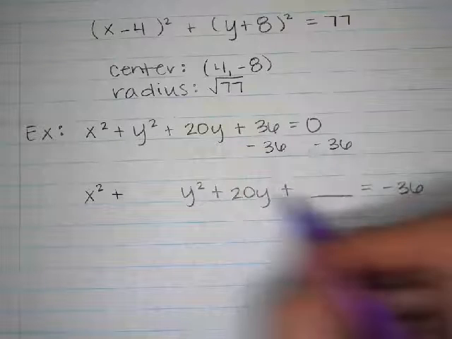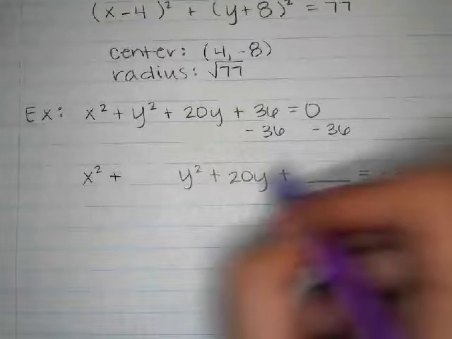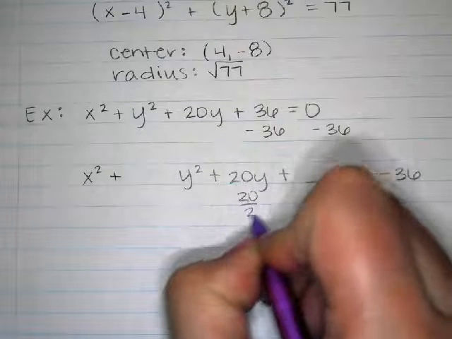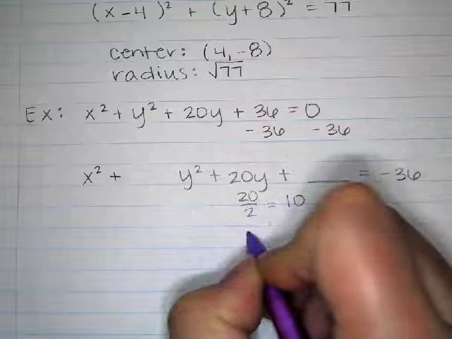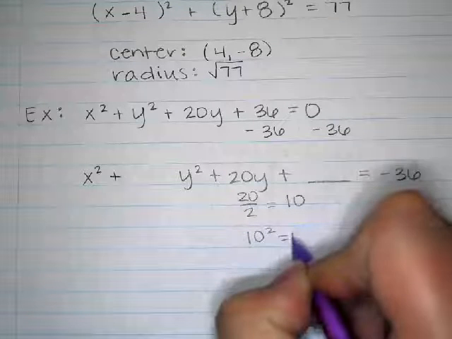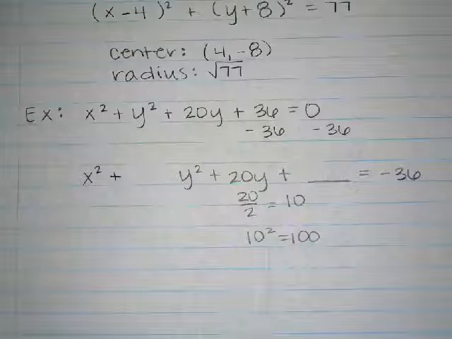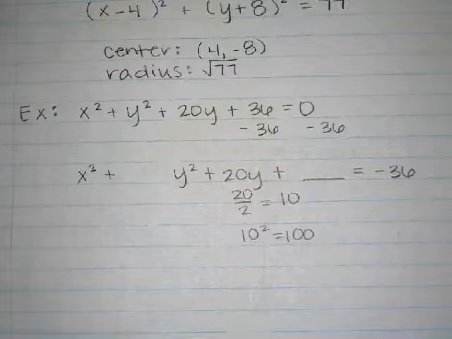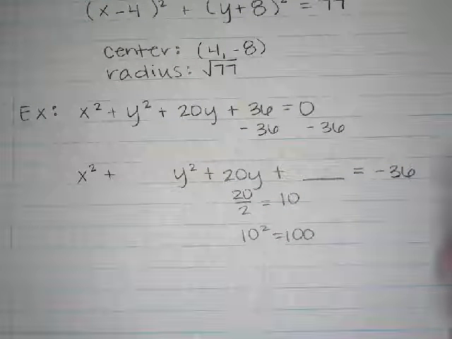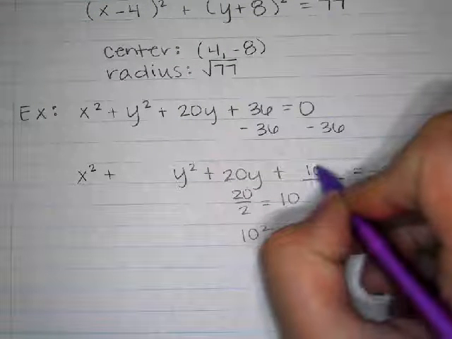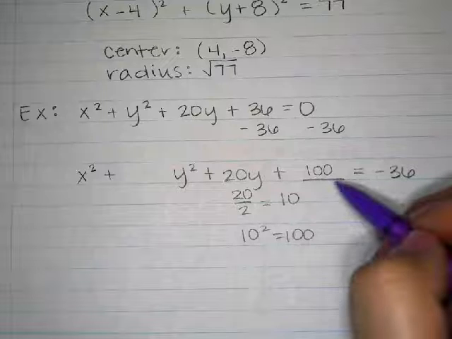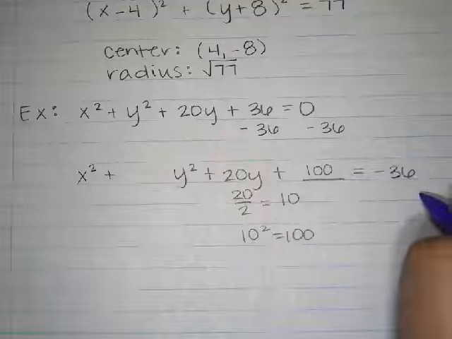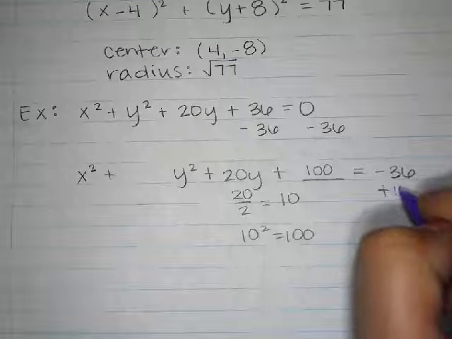Over here, what should we do? Okay, so 20 divided by 2 is 10. 10 squared is 100. 100 completes the square. If we add 100 to the left side, we have to add 100 to the right side.